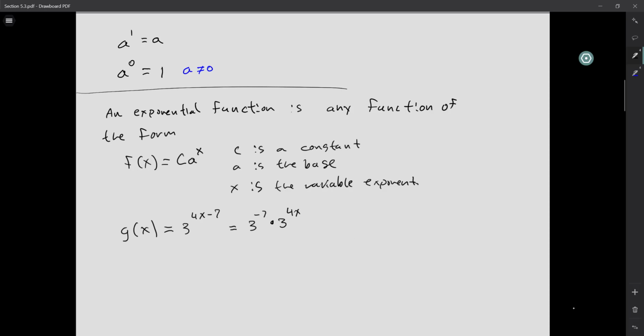So this part is just a number there. I can rewrite this as 1 over 3 to the 7 times 3 to the 4th to the x. So I've taken my weird looking exponential function and rewritten it into the form I have for the general one up there. I've got c times a to the power of x.